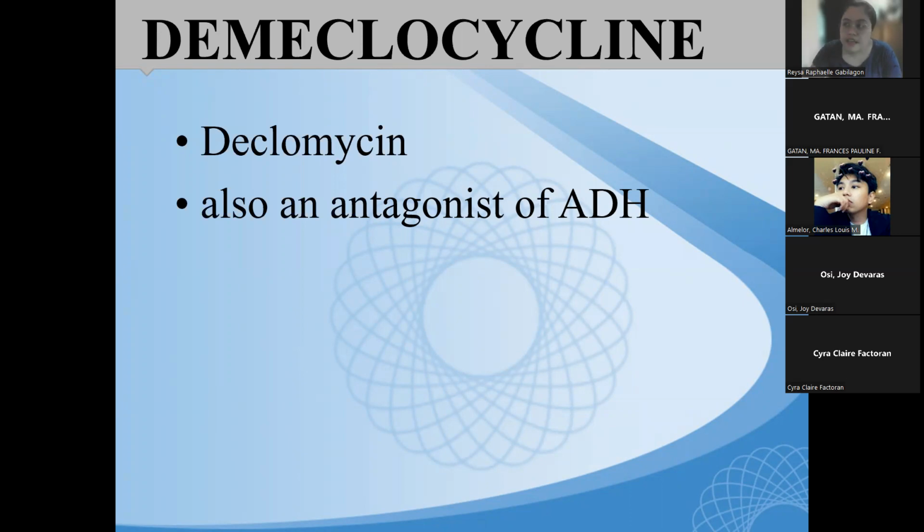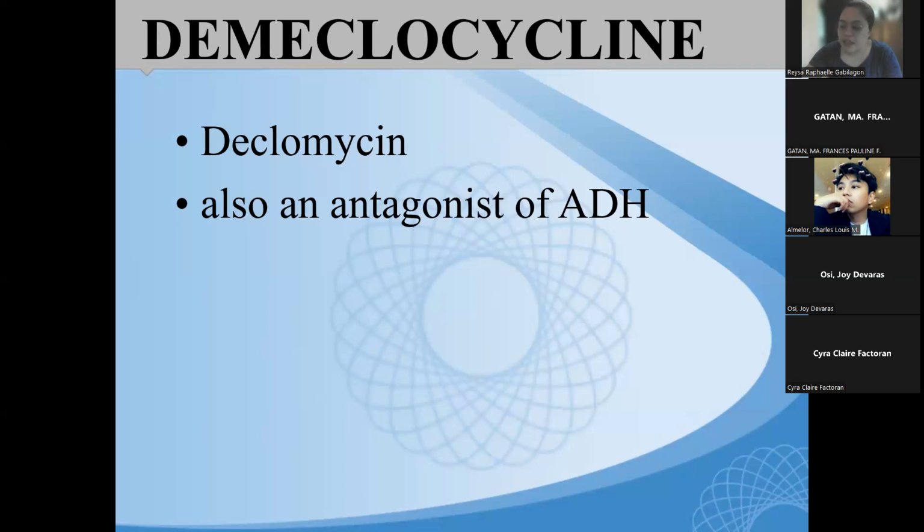Kasi this is a kapamilya of the tetracyclines. I don't know if you are familiar with the tetracycline, but tetracyclines class are antibiotics. And kapamilya niya itong demeclocycline. Pero aside from being an antibacterial, this can also antagonize the activity of the antidiuretic hormone, thus nasali siya dito.